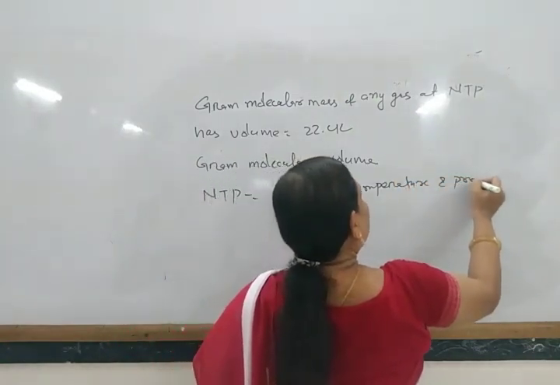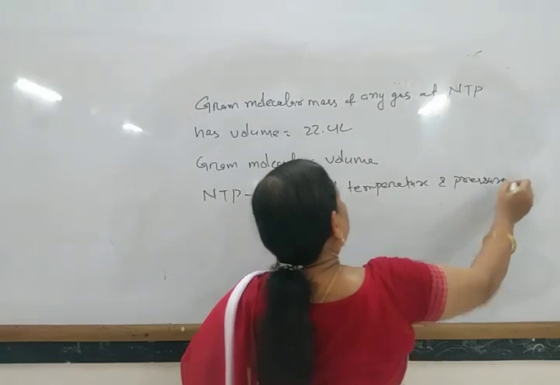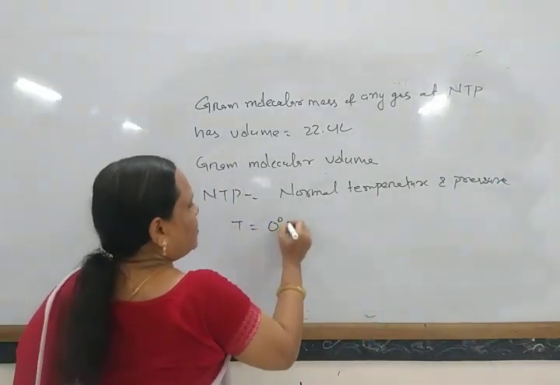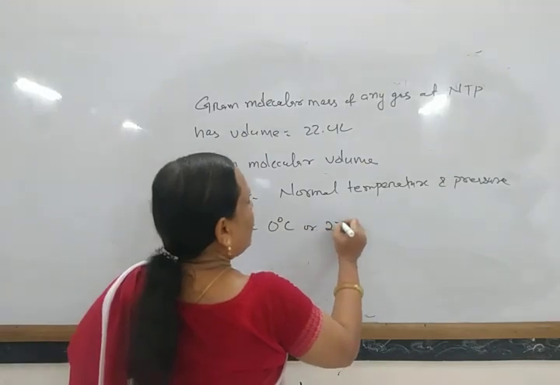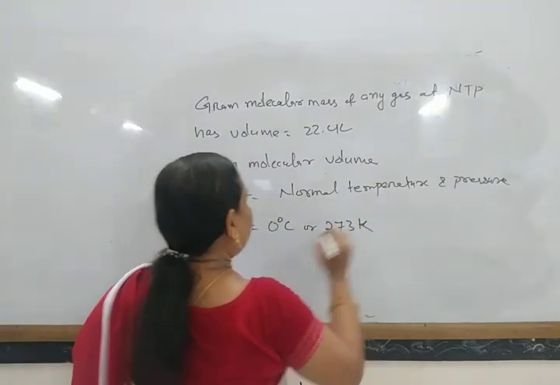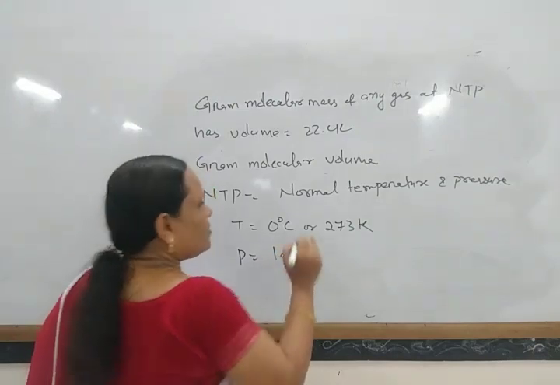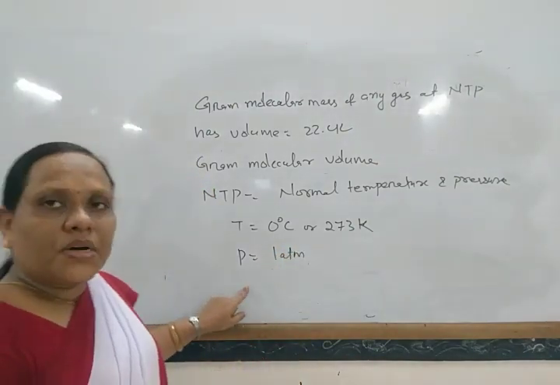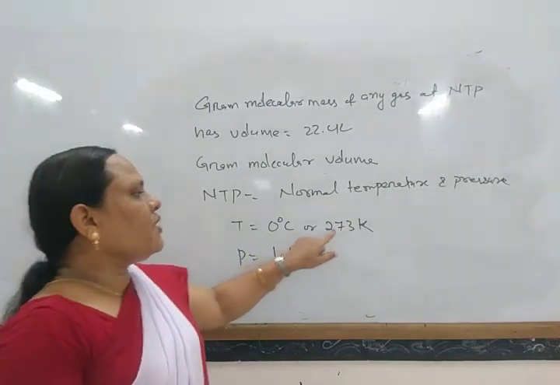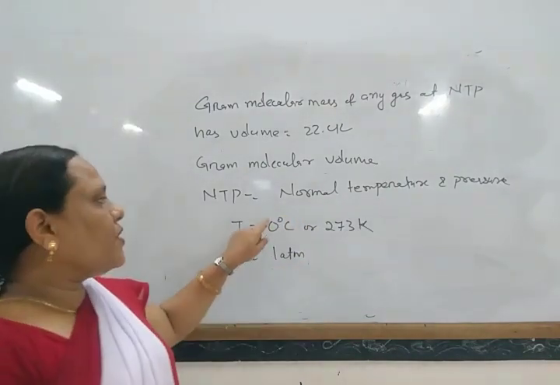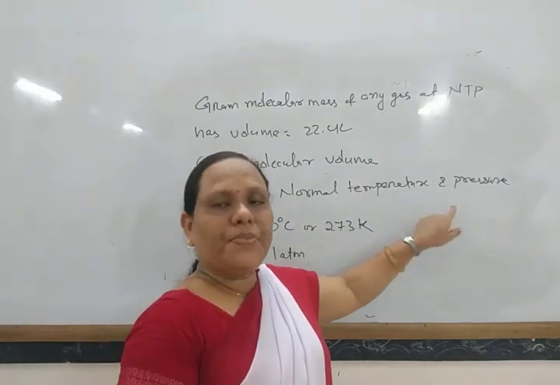It is considered that the temperature is taken as 0 degree Celsius or 273 Kelvin, and the pressure is taken as 1 atmosphere. That condition is known as normal temperature and pressure.